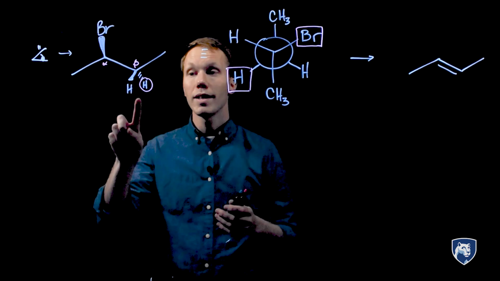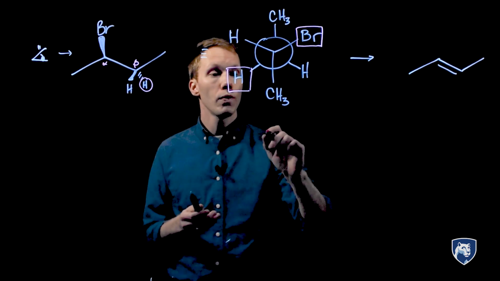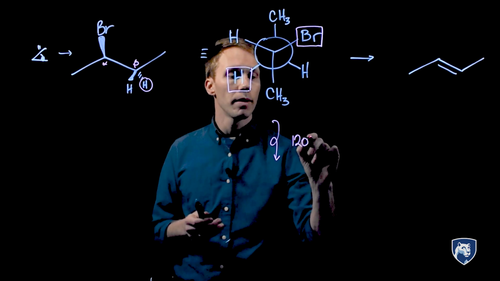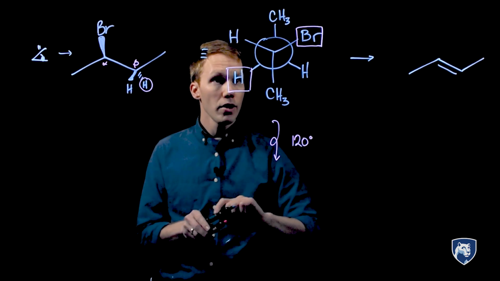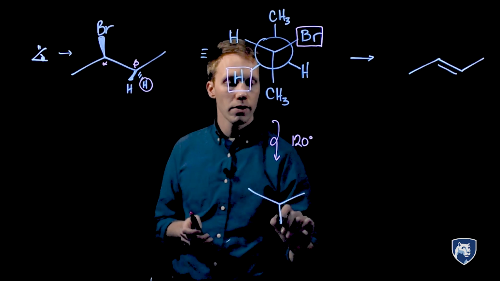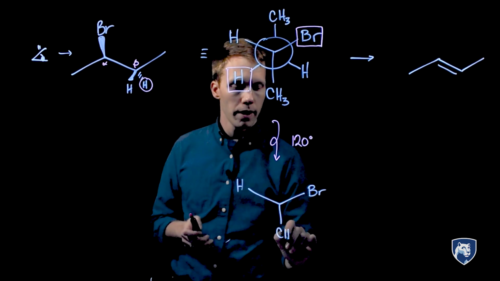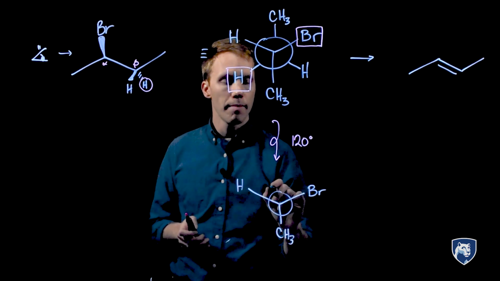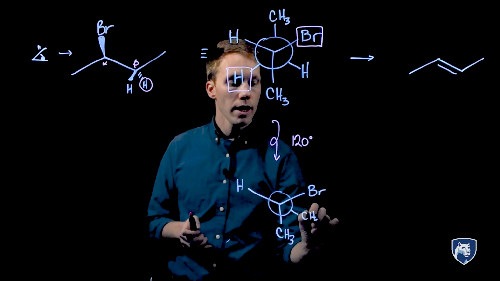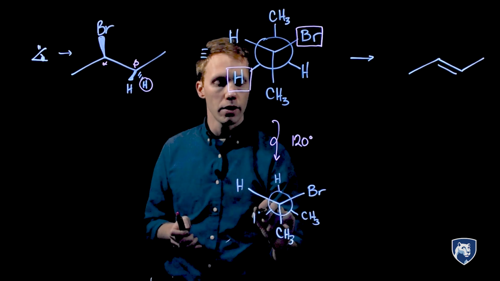In this example, there is a second beta hydrogen that could also be eliminated in this reaction. So if we rotate about the single bond in our Newman projection 120 degrees, let's hold the front steady. So we'll keep the bromine and the hydrogen and my methyl group as such in the front, and in the back we'll rotate those groups clockwise 120 degrees.